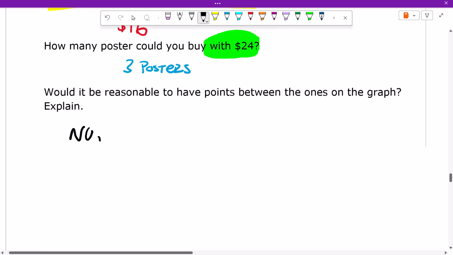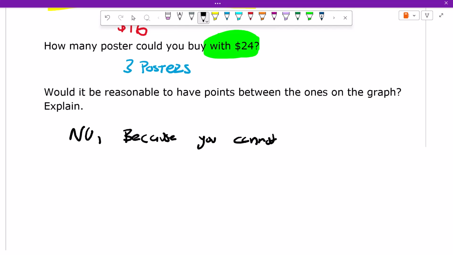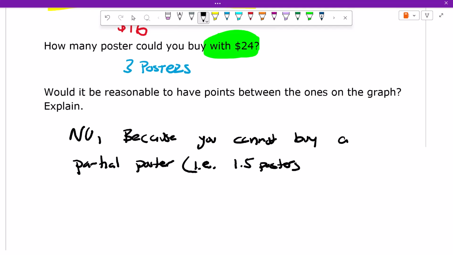No, because you cannot buy a partial poster, i.e. 1.5 posters. You just can't do that. Okay?